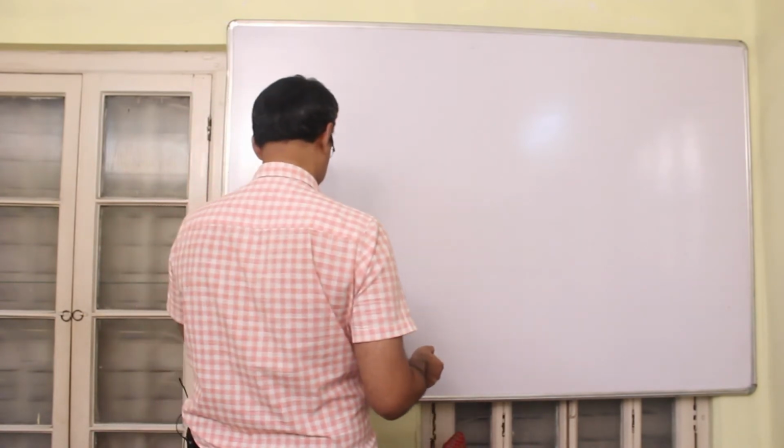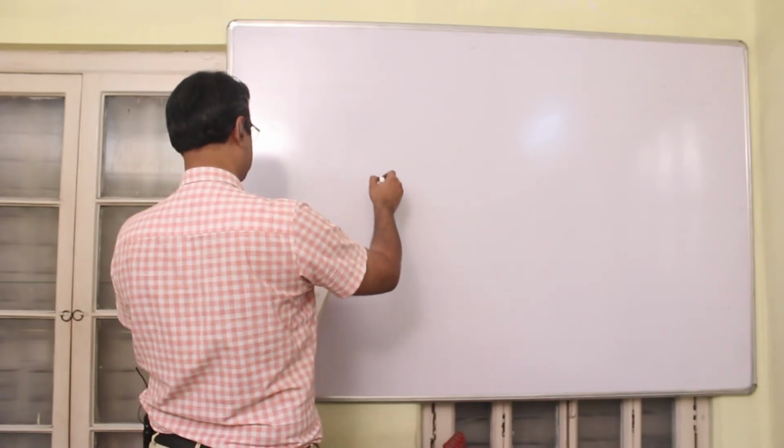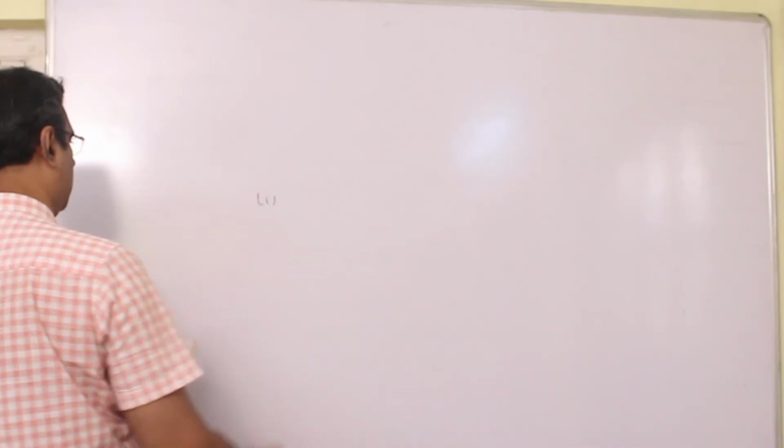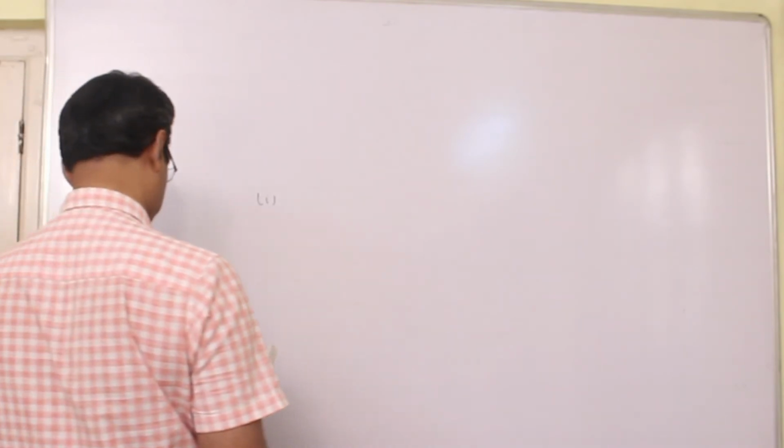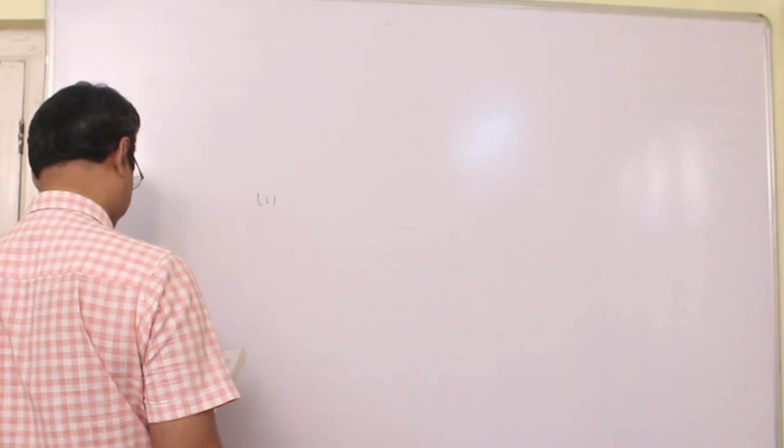Now, we know that the halogen group is ortho-para-directing.